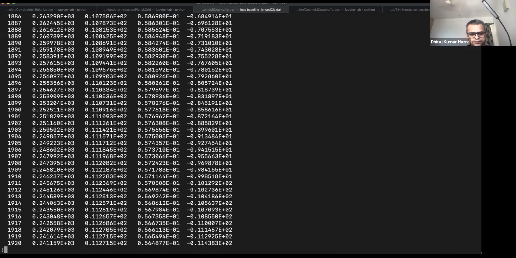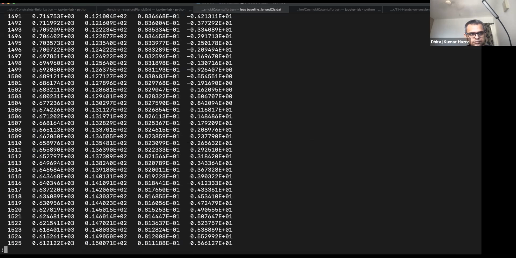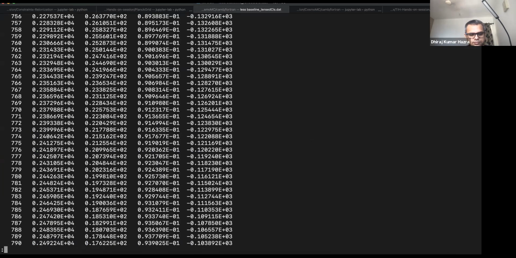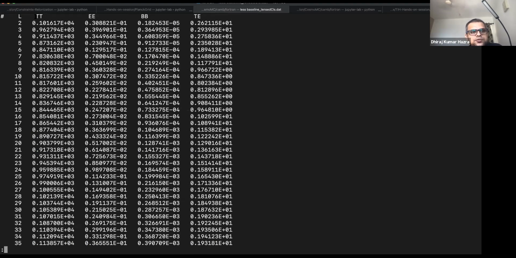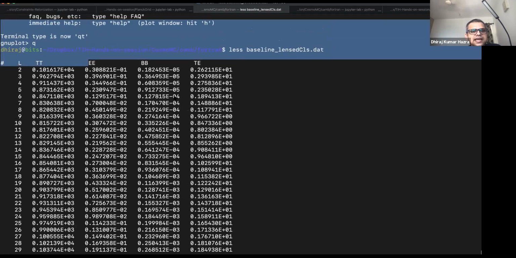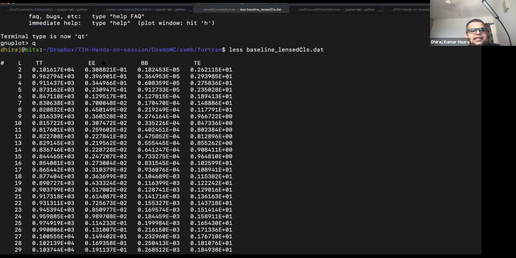The second column is CLTT, L into L plus 1, CLTT divided by 2 pi. So this is called DL. In the Planck paper, you will find it defined as DL. Then the next one is EE autocorrelation, the E mode polarization. Third is the BB. We haven't given any tensor to scalar ratio, but BB comes from the lensing of E modes. And there is T and E cross correlation.